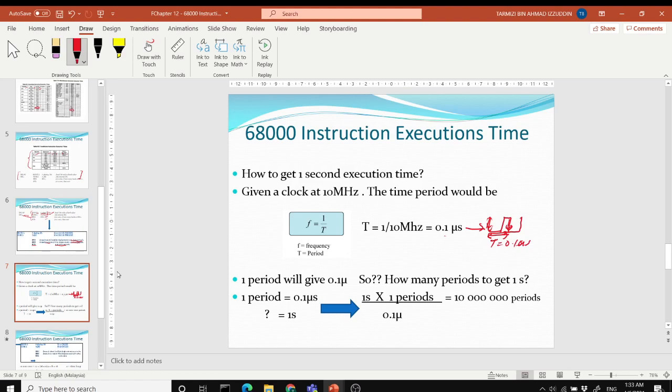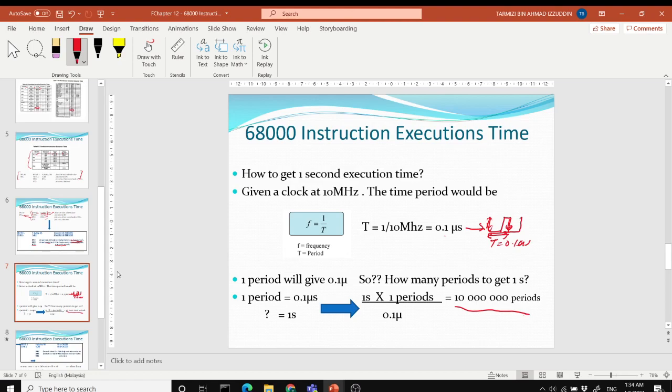So how many periods to get 1 second? Because this is frequency, if we state here 10 megahertz, 10 million hertz, meaning that in 1 second there are 10 million periods.